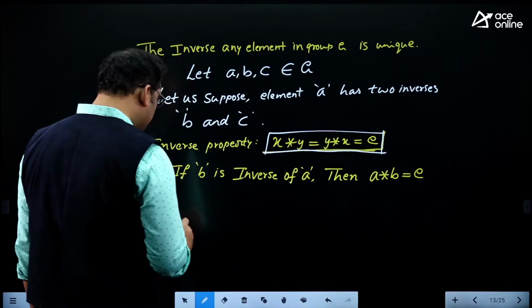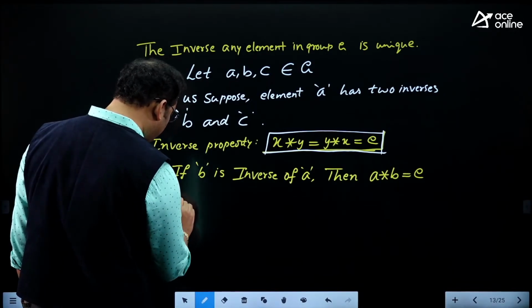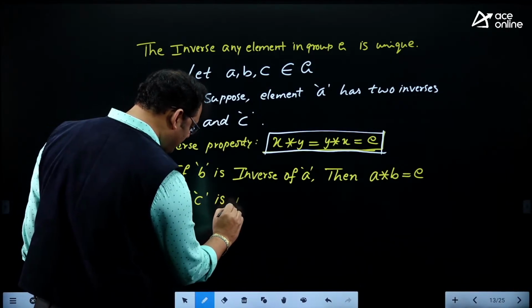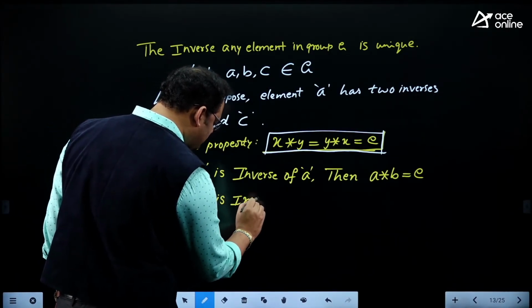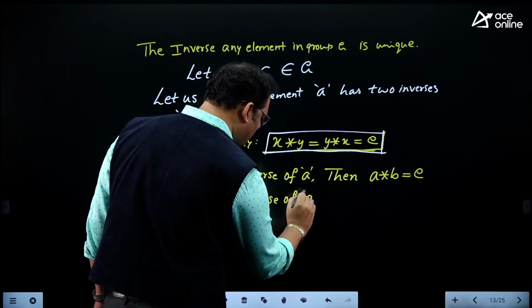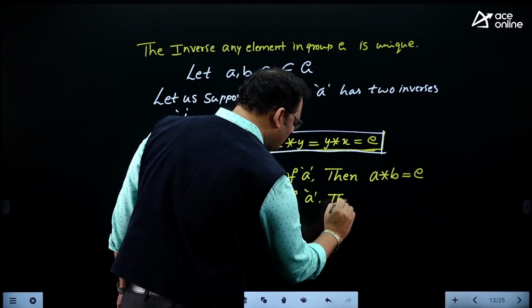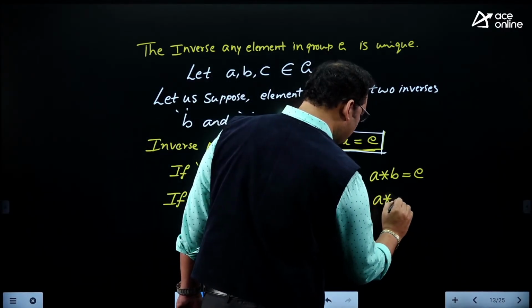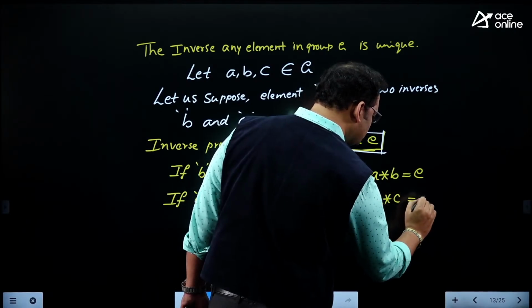Right, sir? And in similar fashion, if C is the inverse of A, then A star C must be equal to identity.